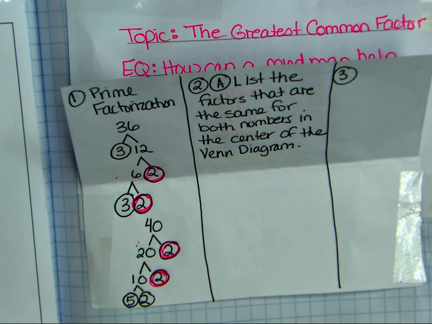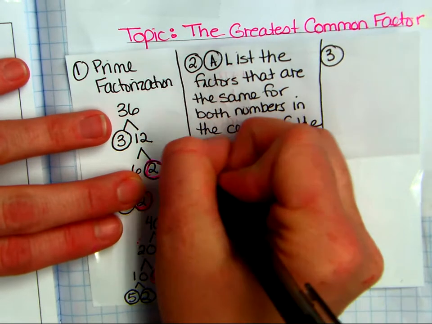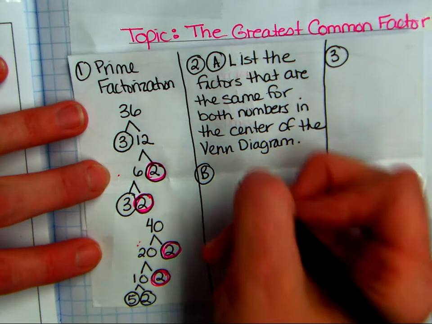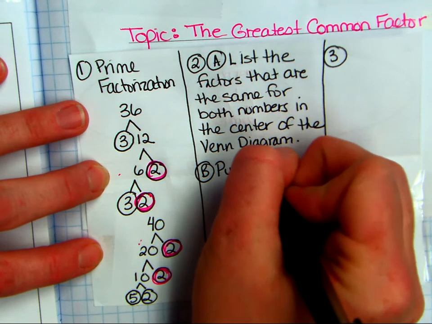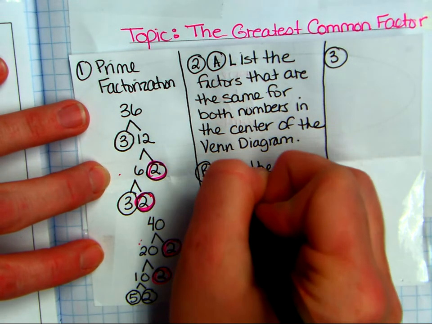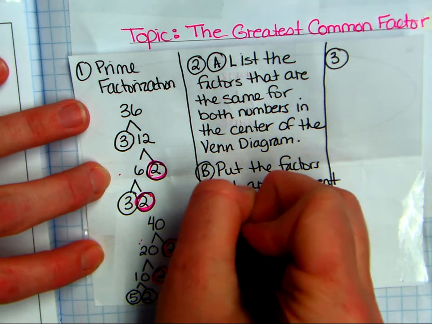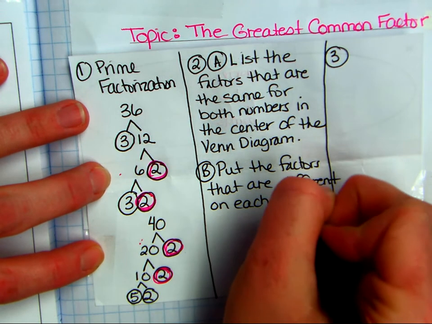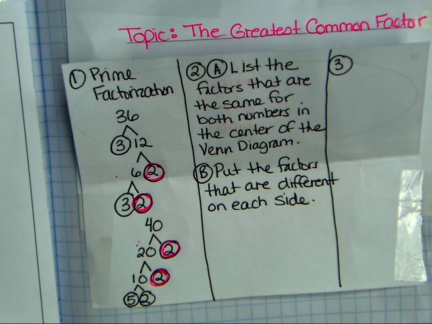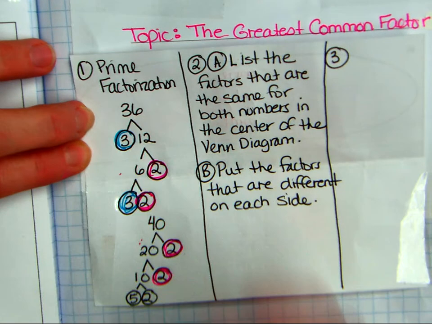Now we're going to go back to our notes, and we're going to go to step B. Part B of that step is then we're going to put the factors that are different on each side. So looking at our Venn diagram, we have over here a 3, and you have a 3.